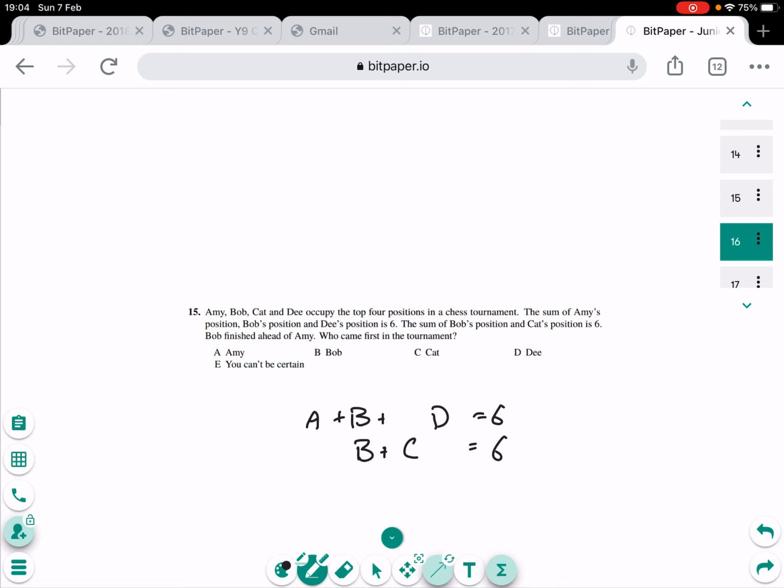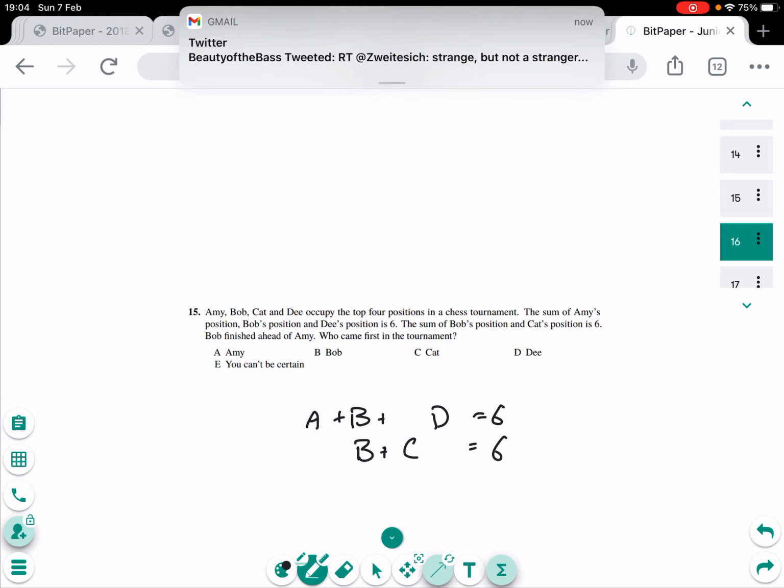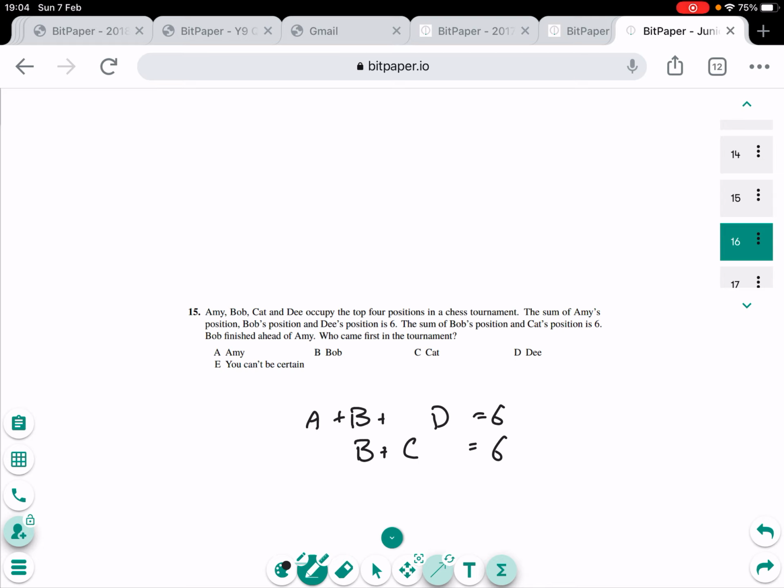Wait. Bob's position and Cat's position is 6. You can't be, sorry, you can't be certain because you don't know what B is. So the answer to question 15 is E.